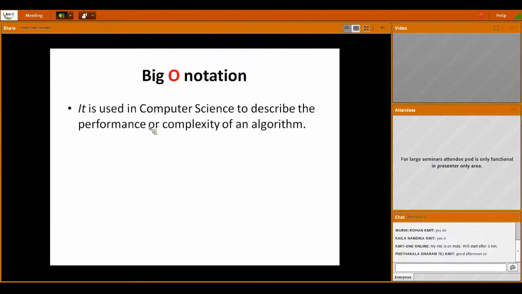But before I proceed, students, I suppose you are able to hear me clearly, able to see the screen, and my voice is loud and clear. Okay, looks like there's no issue regarding the audio.